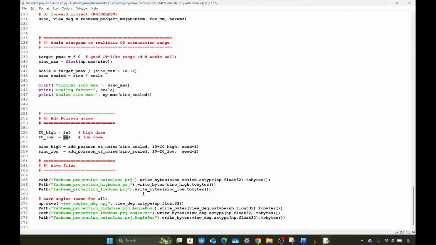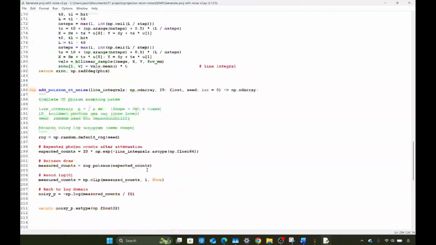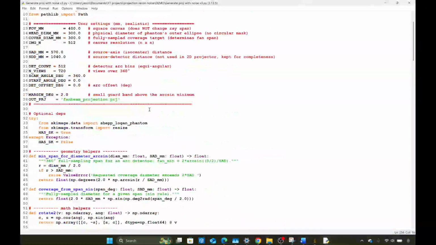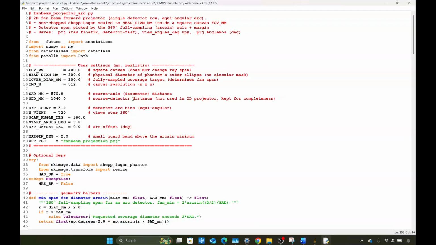We will simulate projections using fan beam geometry, with 512 detector counts and 720 view angles.